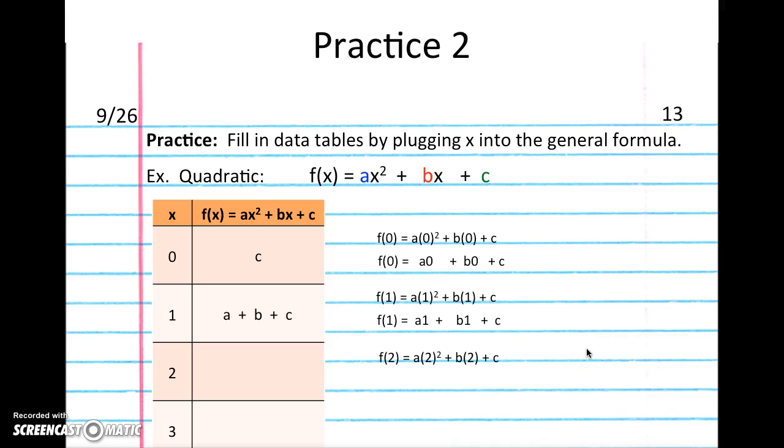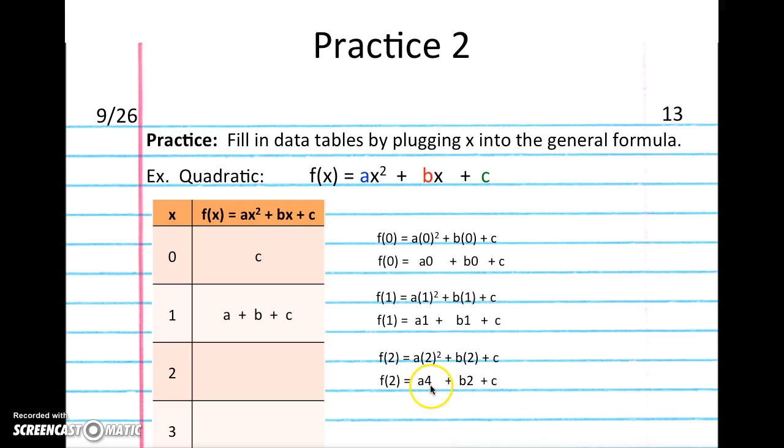Next, we're going to do f of 2. So I'm plugging in 2 for x, and I get f of 2 is equal to a times 2 squared plus b times 2 plus c. 2 squared is 2 times 2, which is 4. So now f of 2 is equal to a times 4 plus b times 2 plus c. If I try to combine like terms, I notice that there are no like terms, but there's another way of cleaning this up that looks more like what we're used to seeing. a, b, and c, even though they represent coefficients in the general formula, right now they're just variables, letters representing some number that we don't know.